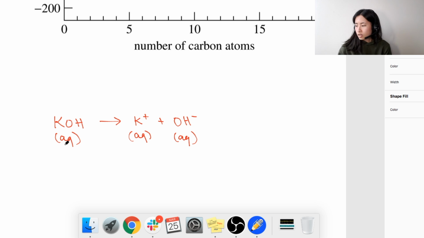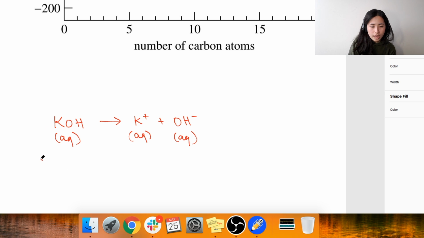Okay, great. So we typically don't write water here, because you don't really have an equilibrium. Remember Bronsted-Lowry acids and bases. If we look at acetic acid, on the other hand, we have CH3COOH.